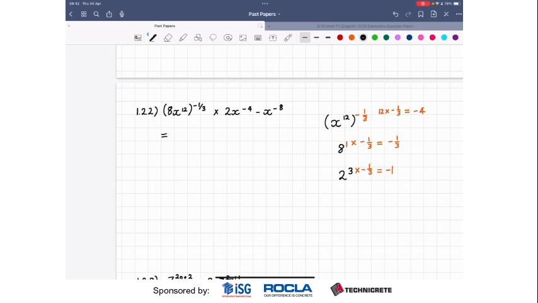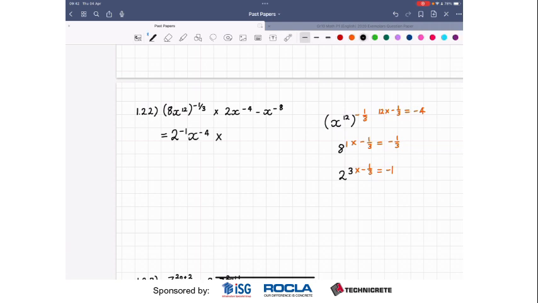So I've changed this 8 that's being raised to the negative 1 over 3 to 2 being raised to the negative 1. And then that is the coefficient of x to the 12 being raised by the negative 1 over 3, which I found to be x raised to the negative 4.